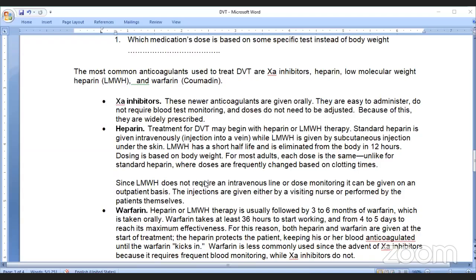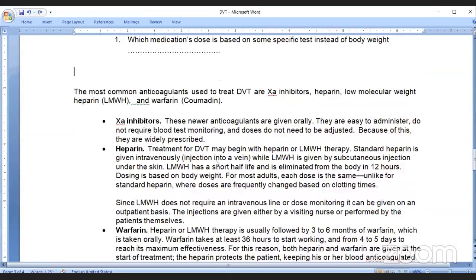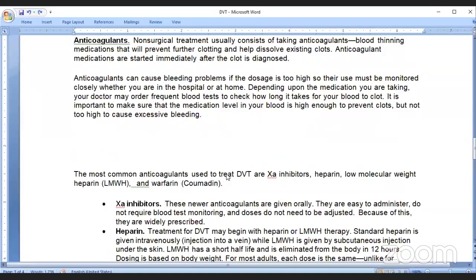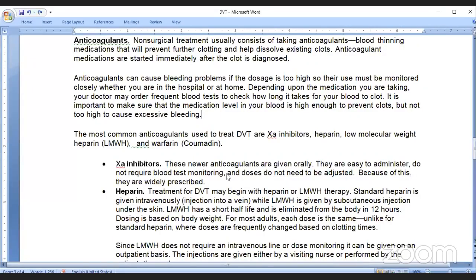One is based on body weight, another is based on clotting times. So our answer is standard heparin, not warfarin, not low molecular weight heparin, not 10A inhibitors. Please be careful. These are small things, but these are the things that make you pass or fail.